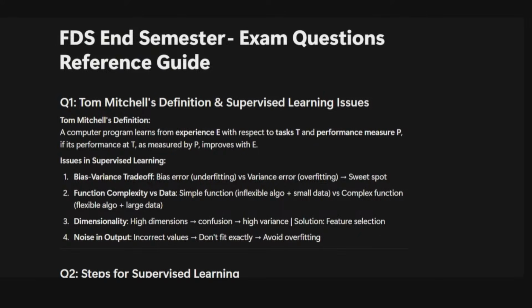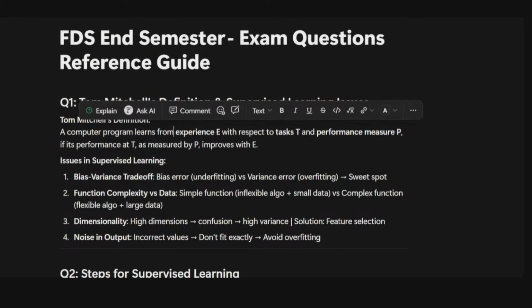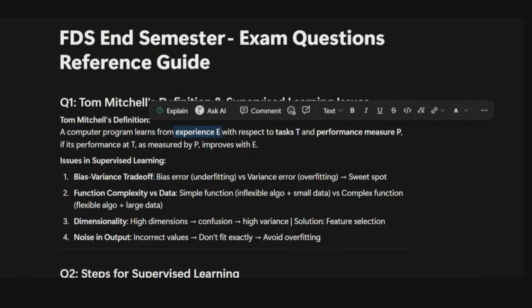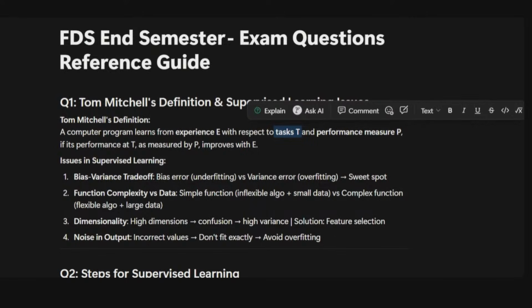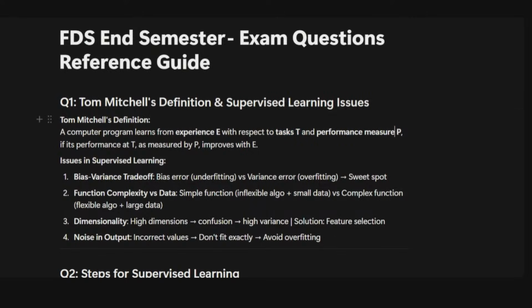And to write that, you just need to mention there is a computer program which learns from experience E with respect to some task T, given that it has a performance measure P. So, if its performance at T as measured by P improves with E. So, that was your definition for machine learning.